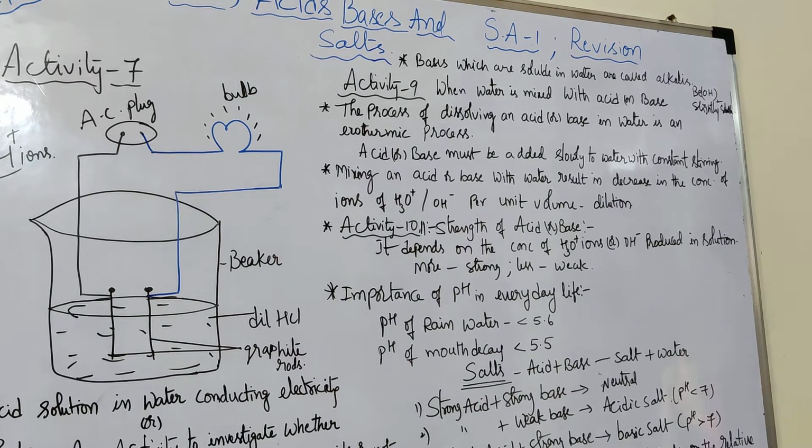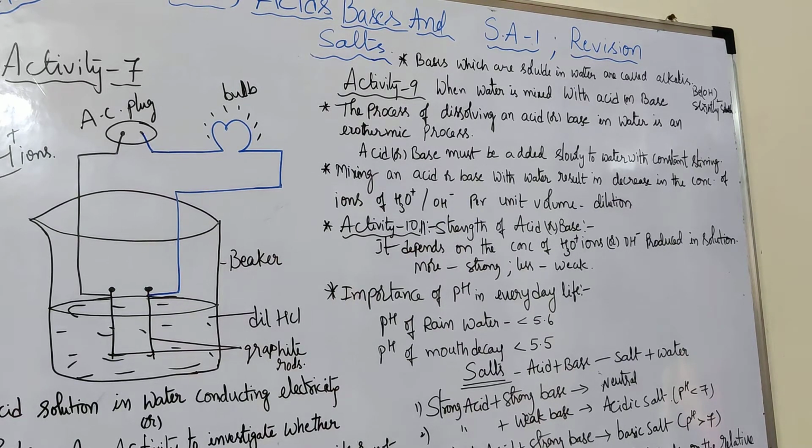Okay, now activity 8. Activity 8 asks: do acids produce ions only in aqueous solution? Here the ions, whether H plus or OH minus ions, are produced only in the aqueous solution. For this we have one activity. Take a test tube, take sodium chloride salt and add sulfuric acid solution.